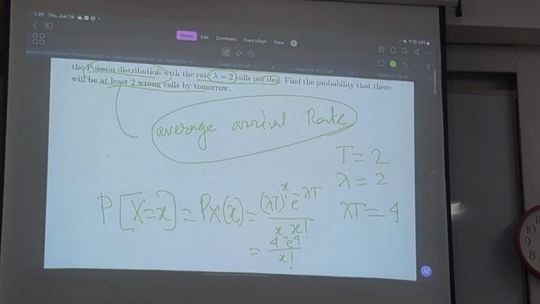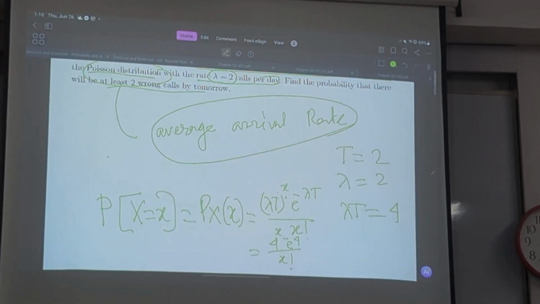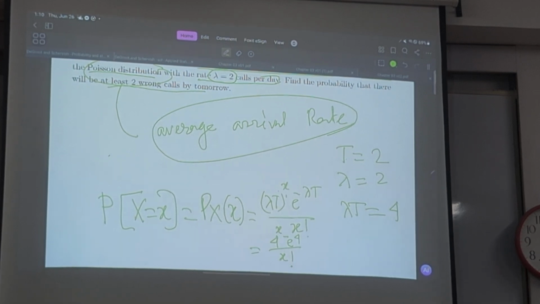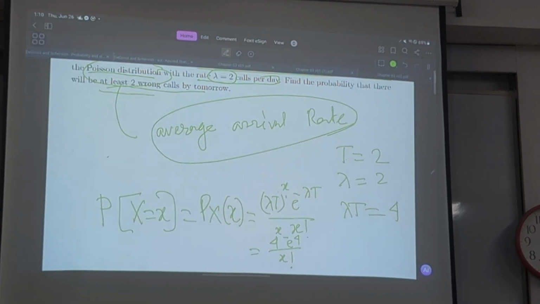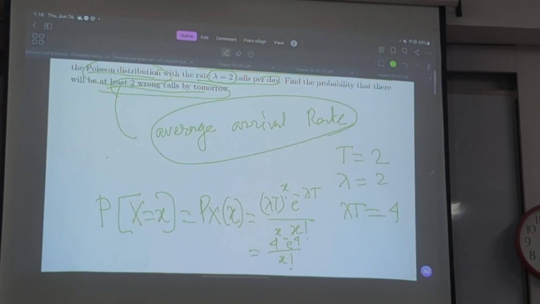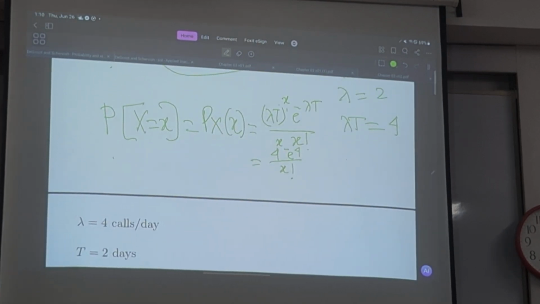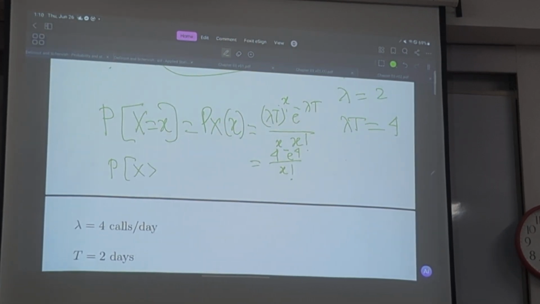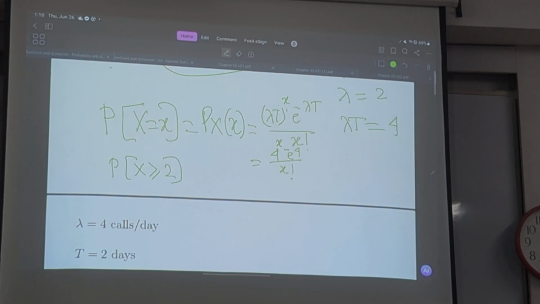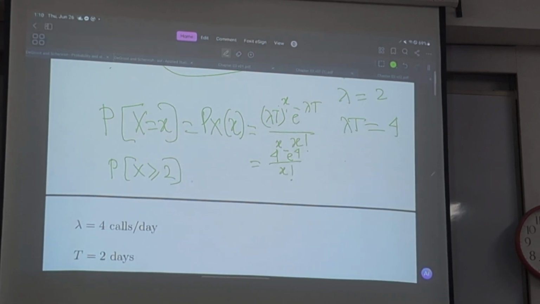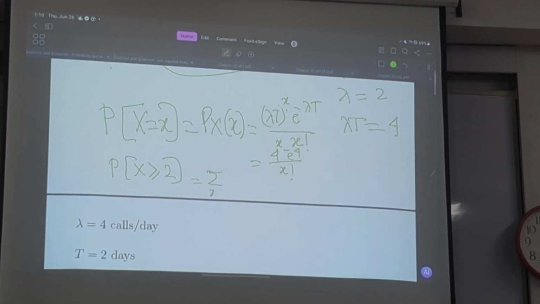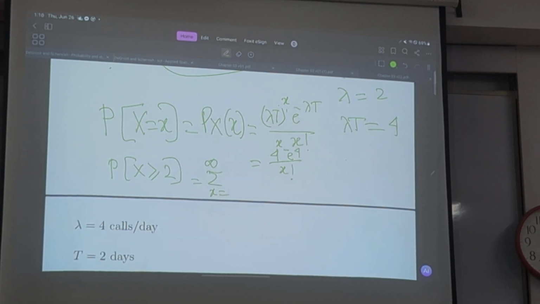Now you are asked to calculate the probability that X is greater than or equal to 2. Then actually you need to do the summation from x equal to 2 to infinity.